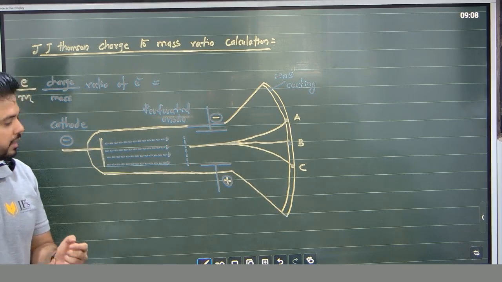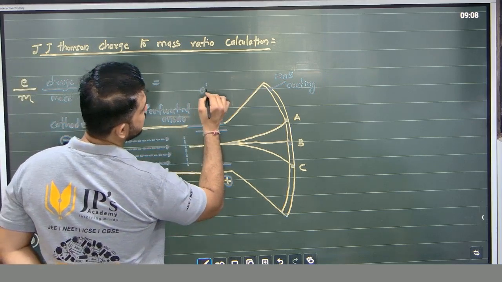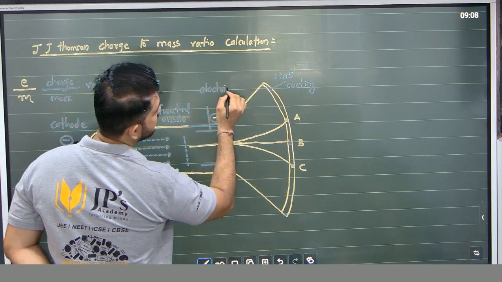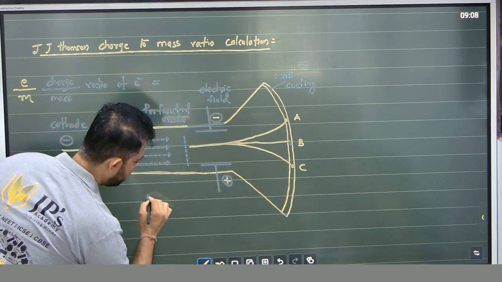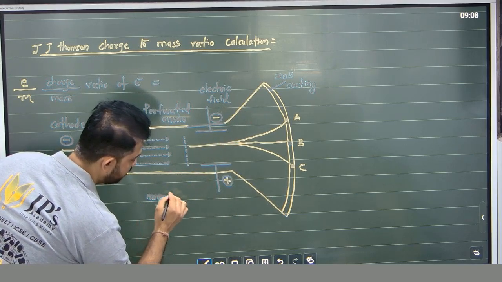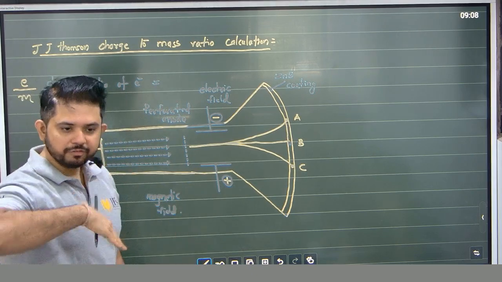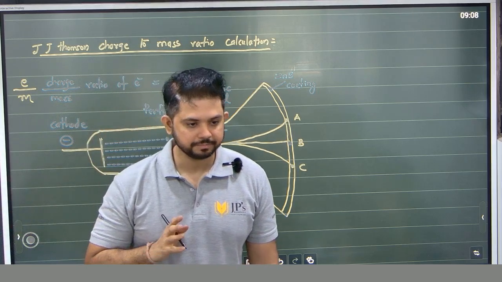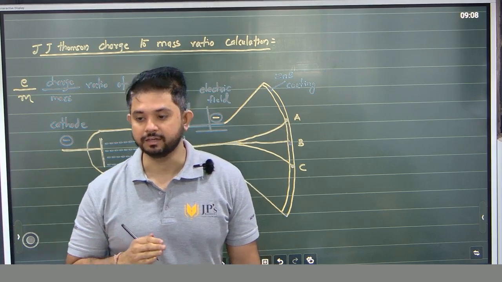So, depending upon the strength of the electric field and the strength of the magnetic field, we are not shown the magnet, but yes, there is a magnetic field. You can deflect these particles, and the deflection can also be nullified.